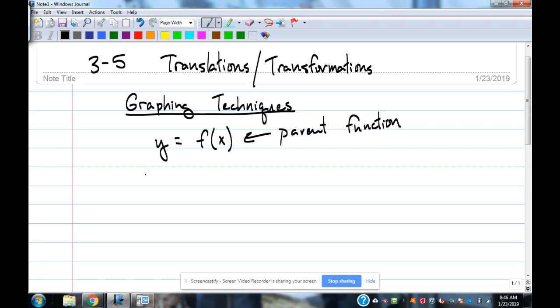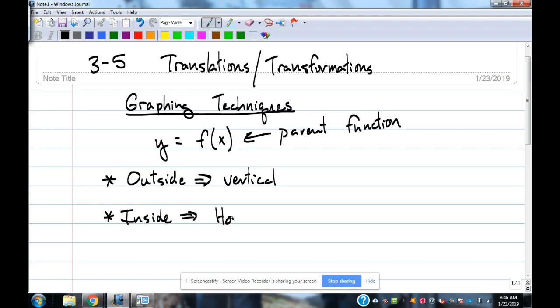One thing I want to say before we even start: outside, think vertical. Inside, think horizontal.